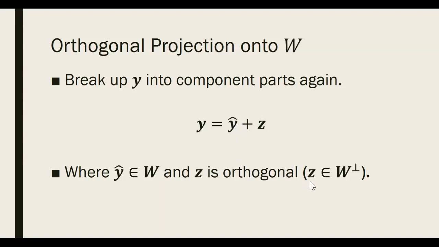In other words, that z is going to be in the orthogonal complement of W. So we're going to take a projection into some subspace, and then the leftover piece is going to be orthogonal to everything in that subspace.